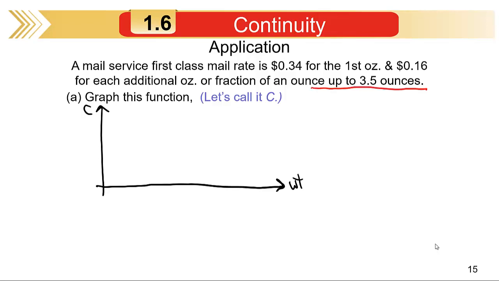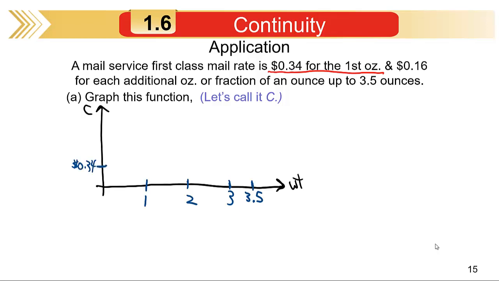Up to 3.5 ounces, so along the horizontal axis, I'll number 1, 2, 3, but instead of going all the way to 4, it just says up to 3.5 ounces, so I'll just go to 3.5. On the C-axis, though, what happens? Well, you have to read the problem to see those are the actual cost of mailing something, first class. Well, what it says is up until you get to an ounce, you're at 34 cents.